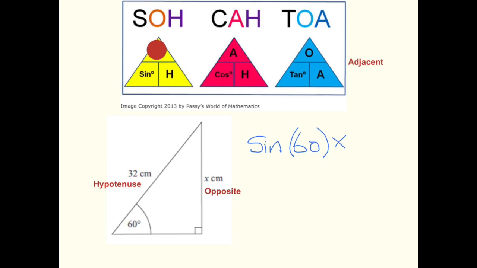And I'm going to times that by the length of the hypotenuse, which is 32. Just to make sure we understand what we're doing, the 60 has come from the angle, the 32 has come from the hypotenuse. And that should give you 27.7 centimetres. Again, I'm writing that to one decimal place.